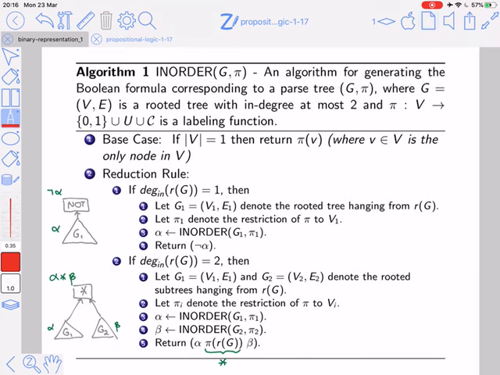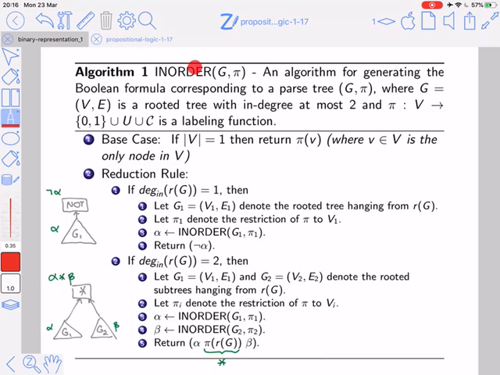So this slide describes how in-order traversal of a parse tree takes place. And the in-order traversal generates a Boolean formula that corresponds to the parse tree. The algorithm, or the in-order traversal, is a recursive algorithm. So we need to describe the base cases and the reduction rules.